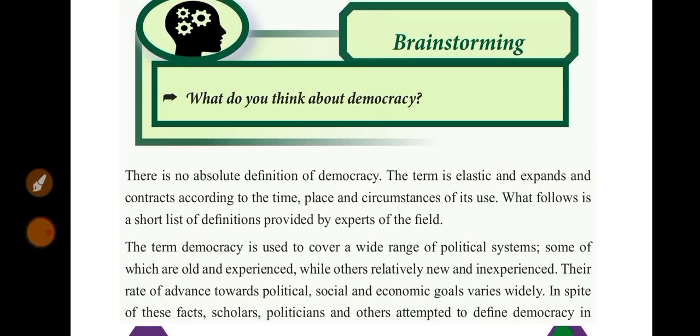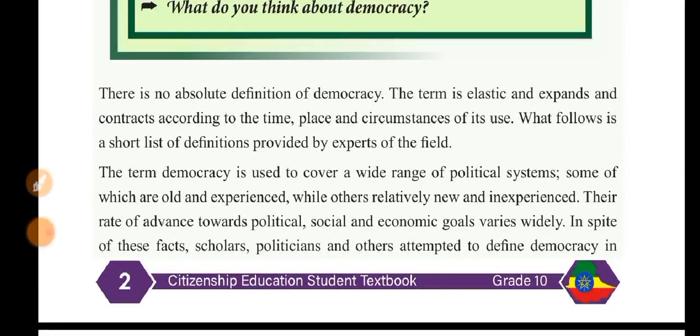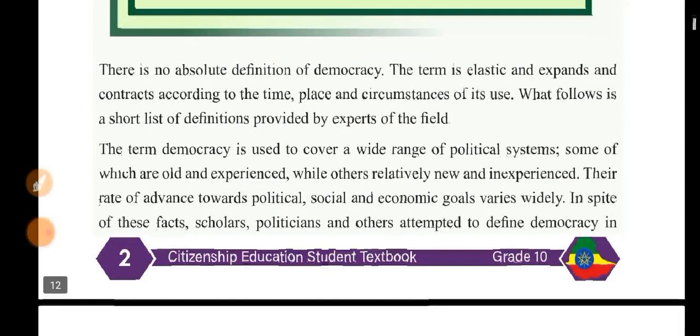There is no absolute definition of democracy. In short, it shows us that democracy has no absolute definition. It is multi-dimensional in meaning, and there is no absolute meaning.